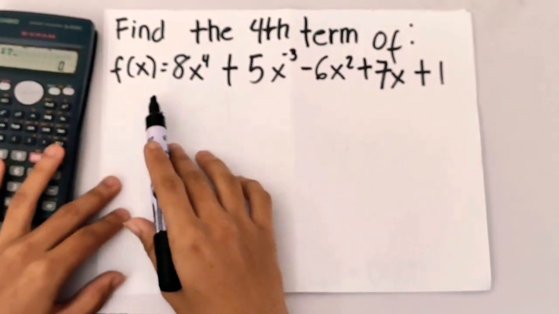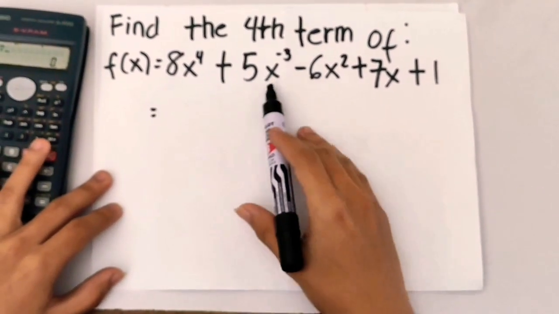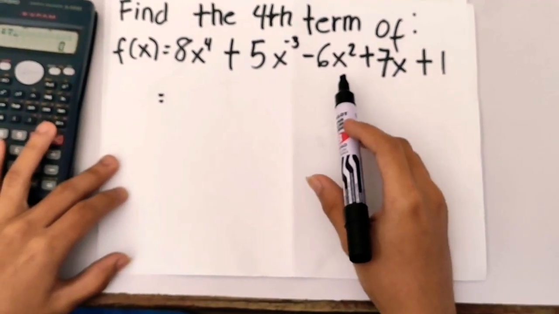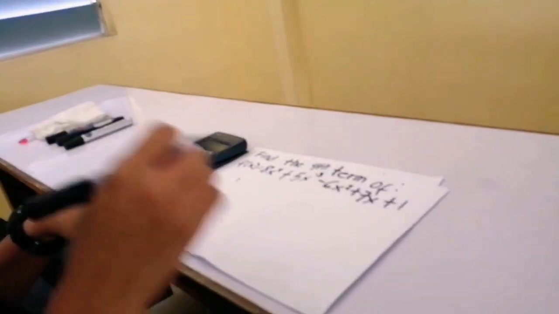Our last example is find the third derivative of f(x) = 8x to the power of 4 plus 5x to the power of negative 3 minus 6x squared plus 7x plus 1. Since our exponent is negative, our answer will easily increase until we get the final answer.